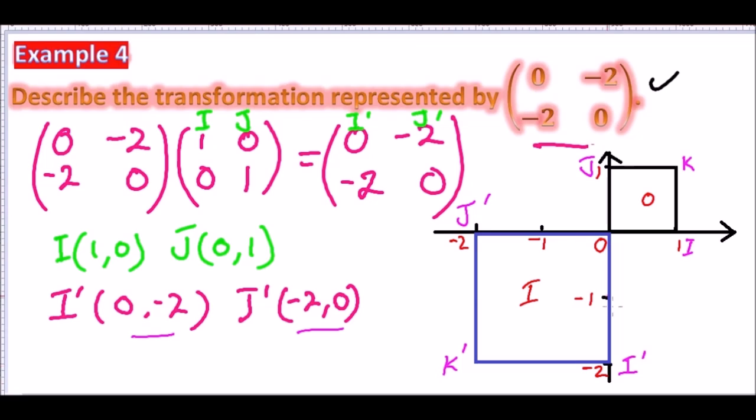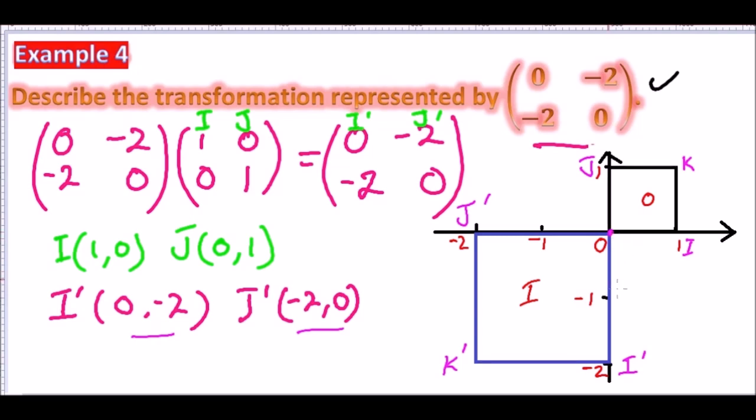If we look at this, what has happened to the unit square to give us this image? It has been enlarged, but on the opposite side of the center of origin. This is the center of origin at 0, 0.